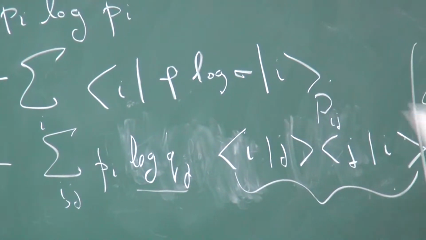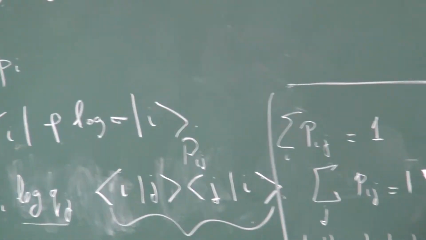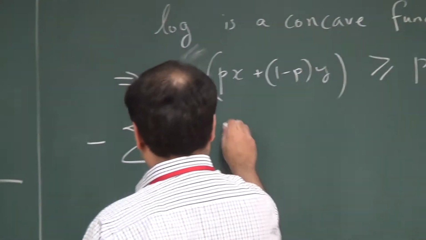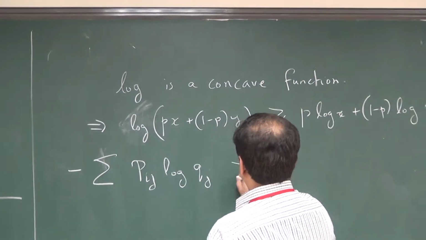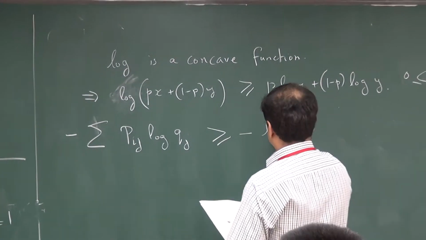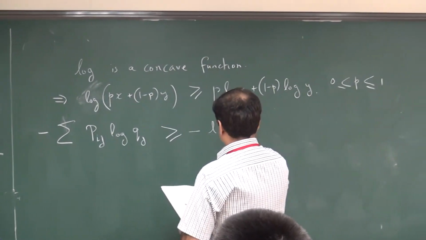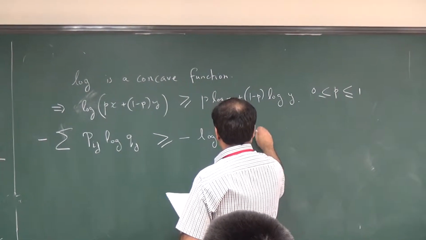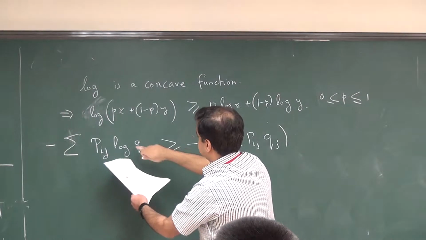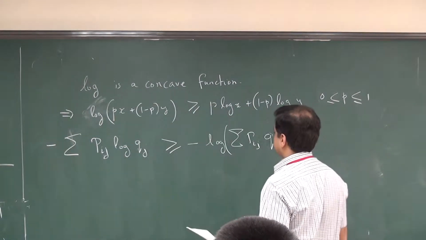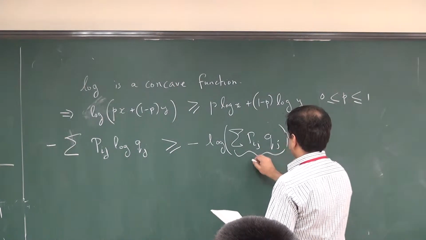minus, so that quantity that I've written there is simply summation P_ij log q_j, and this is bigger than or equal to minus log summation P_ij q_j. So I've just pulled in the P_ij factor here, and this inequality follows because of this. This quantity, let's call it r_i.